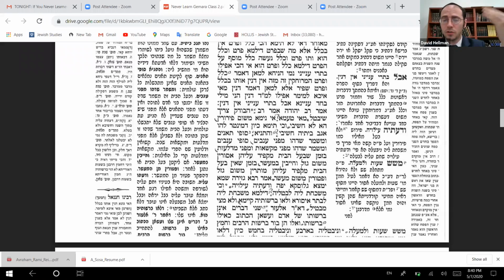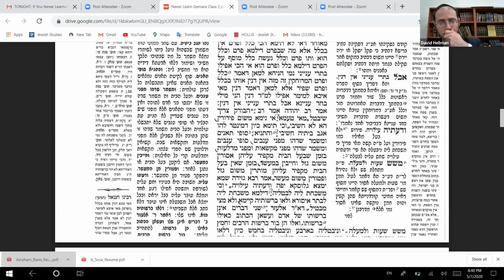It is forbidden to take them because of gezel, because of stealing. And because he still wants them, he owns them. V'chayavim b'maaser, and therefore, since they are still owned, he would have to separate maaser, the tenth, and all those special separations before he eats it.